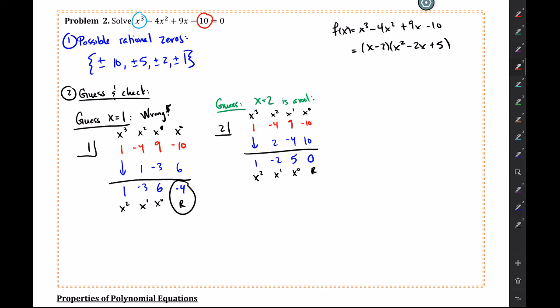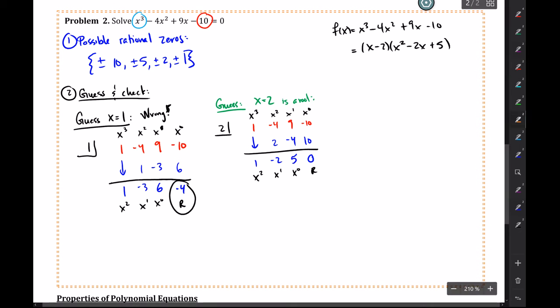Okay, so to save us all some time, we'll say we checked all of the plus or minus 5 and plus or minus 1, and they didn't work.